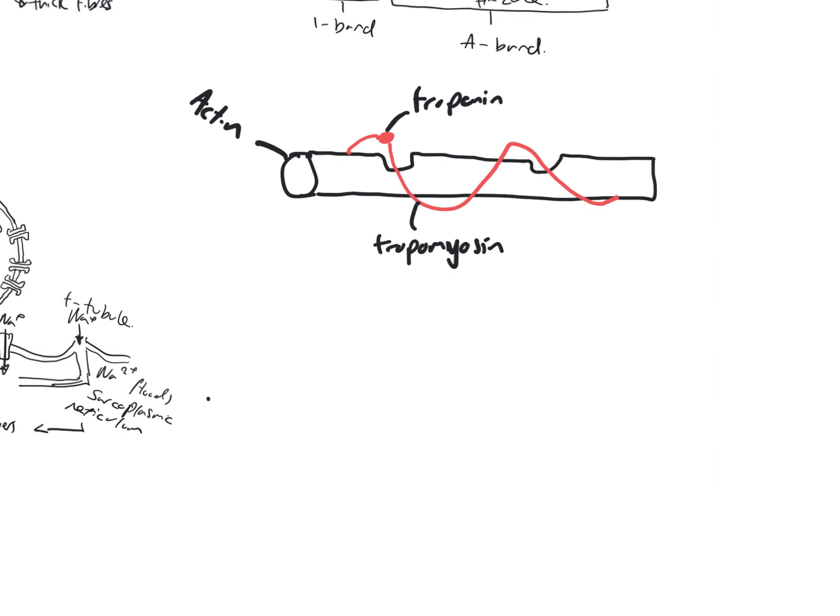And at this point in time, when our muscle is relaxed, it's actually blocking your actin myosin binding sites. So here we have our actin myosin binding sites, and these are currently blocked.